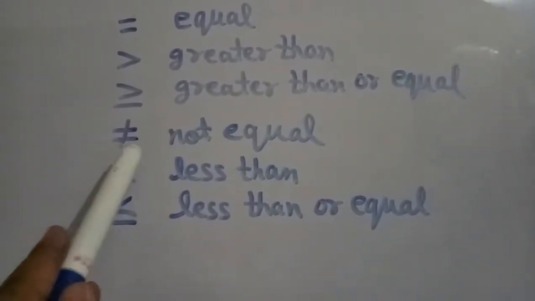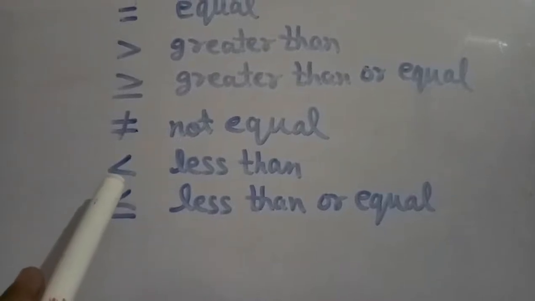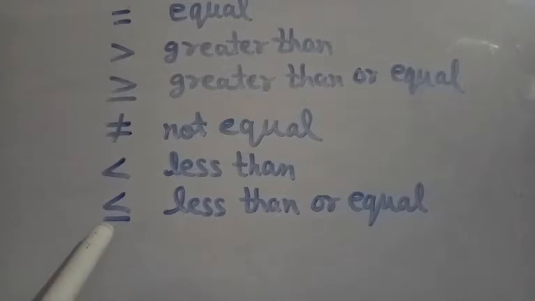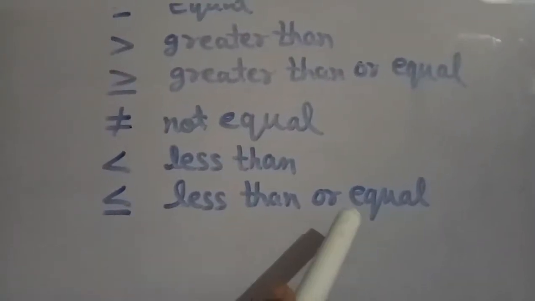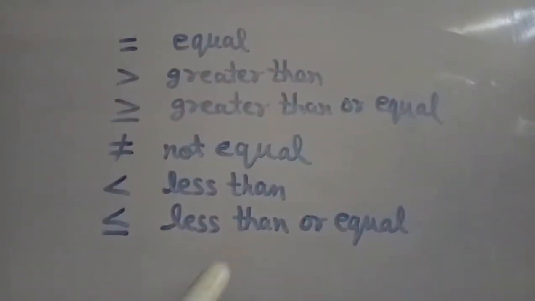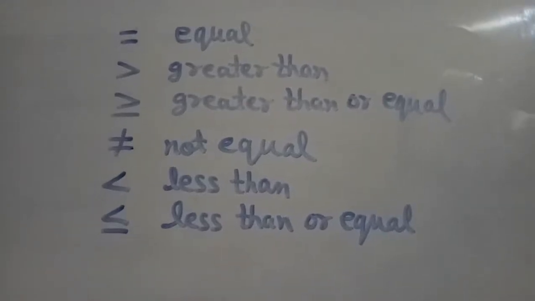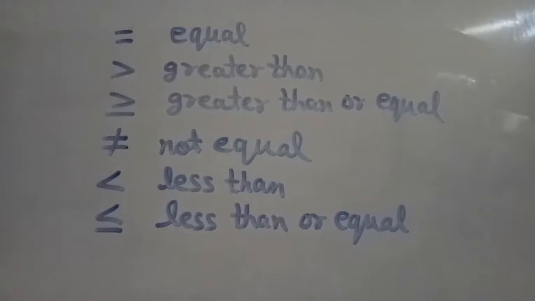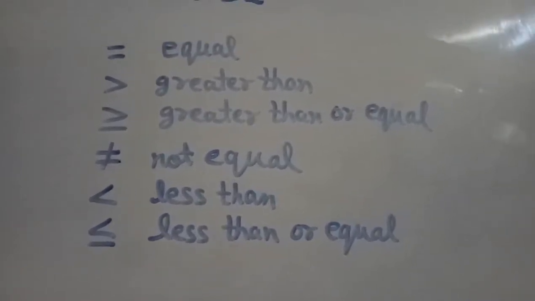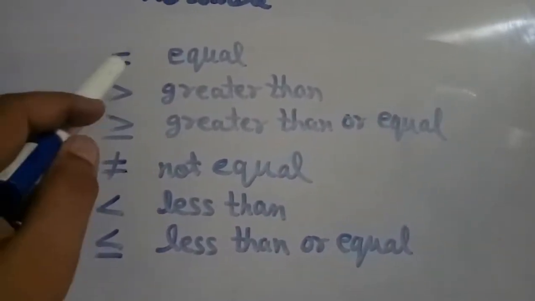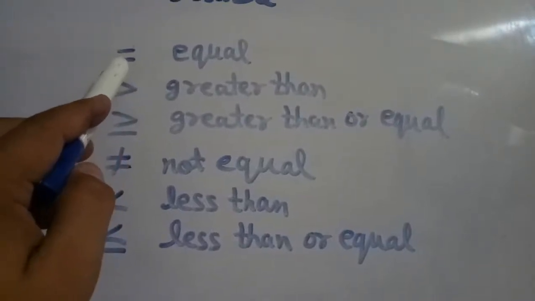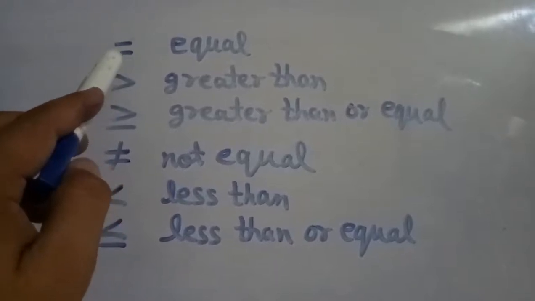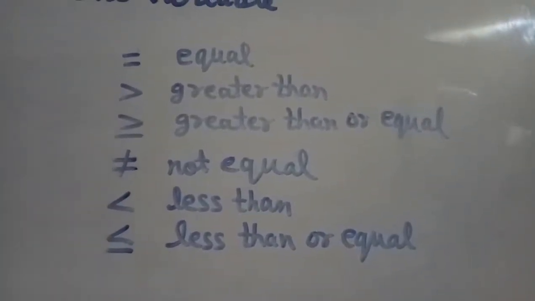This symbol is called not equal, this symbol is called less than symbol, and last this symbol is called less than or equal to. You will see these when identifying whether the given equations are equations or not. You will easily identify because an equation has only the equal sign instead of these signs.